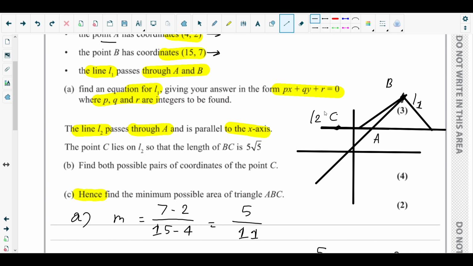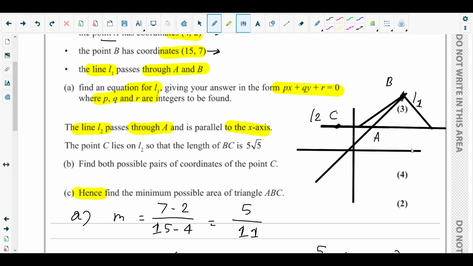Now we need to find out the minimum possible area. So which one will give us the minimum possible area? In order to find that, we need to consider the two possible positions for C. One is (5, 2), the other one is (25, 2).